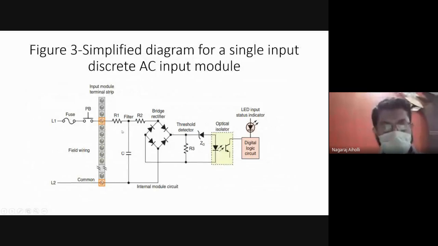The second advantage is that if there are any variations in the input signal, transients or fluctuations in the input AC signal, those fluctuations are also removed by this filter circuit. So it has many advantages. One, it removes the key bounce. Second, electromagnetic interference or noise. And third, the transients or fluctuations in the input AC signal are also removed by this filter circuit.